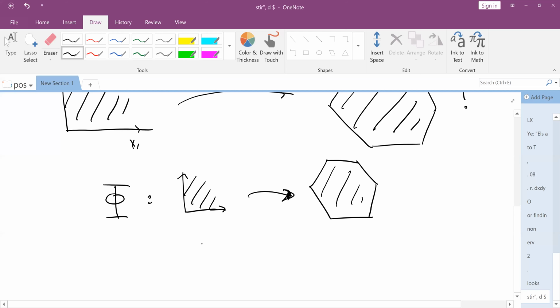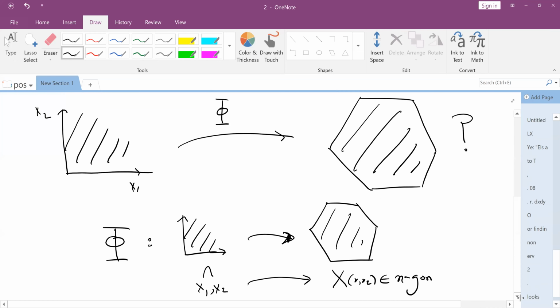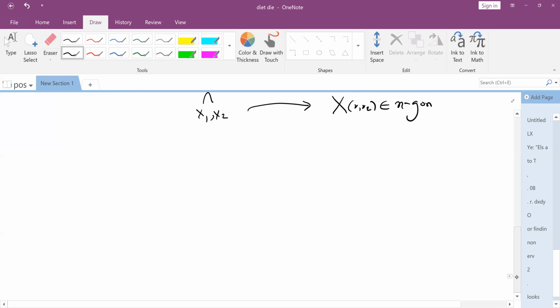In other words, when x1, x2 is inside here, it uniquely maps to some point, capital X of x1 and x2, inside the n-gon. Let's say we can find such a transformation. We'll talk about what those transformations look like in a second.